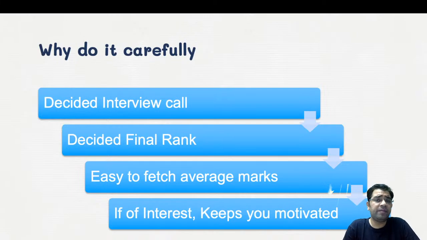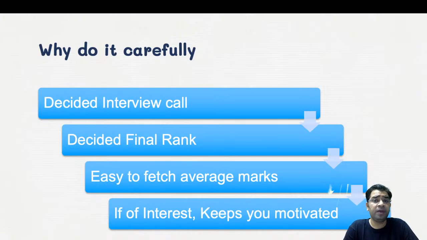Then let us say 100 marks average in each paper, GS 1, 2, 3, 4. Interview call is for sure. In any year when you are writing mains, if you are scoring such marks, it is very much definite that your interview call is for sure.